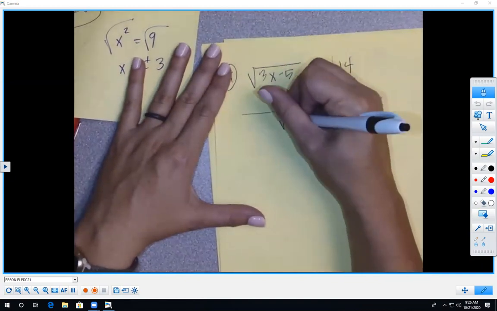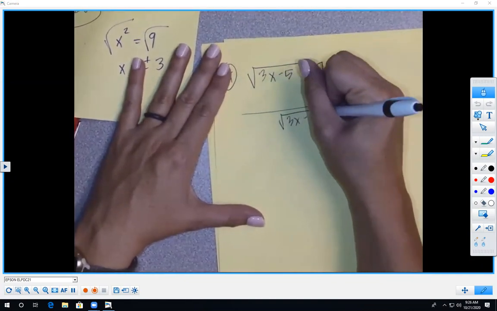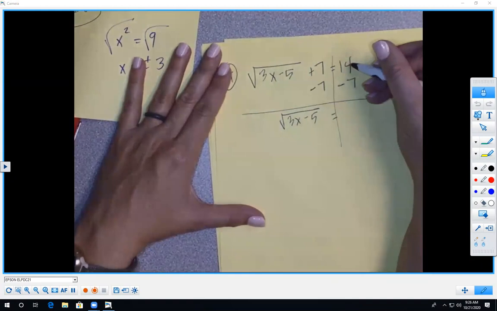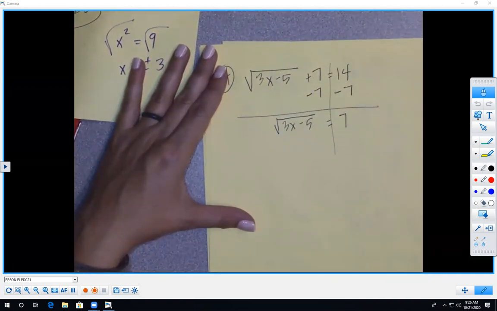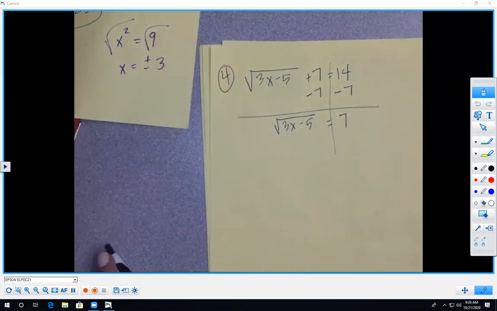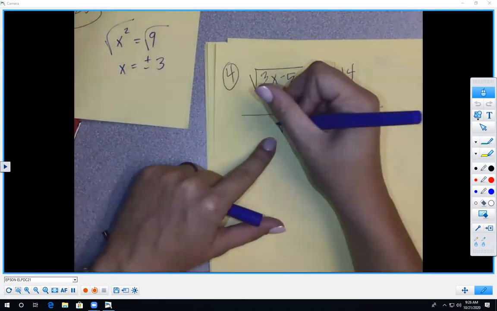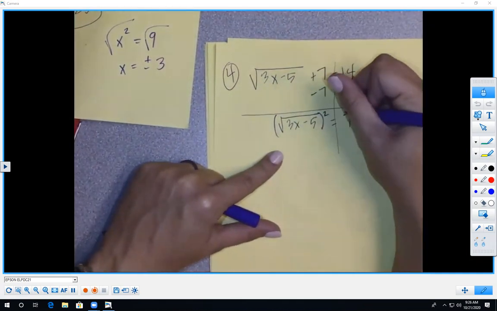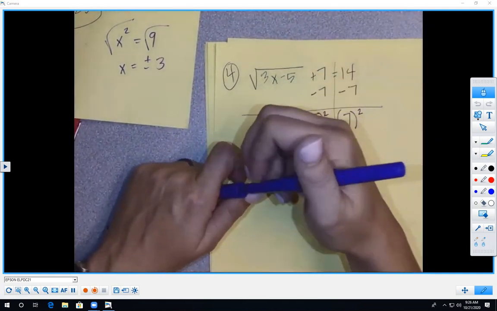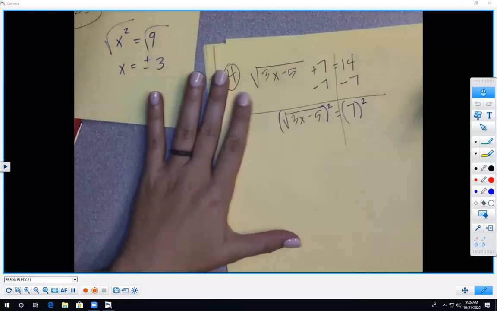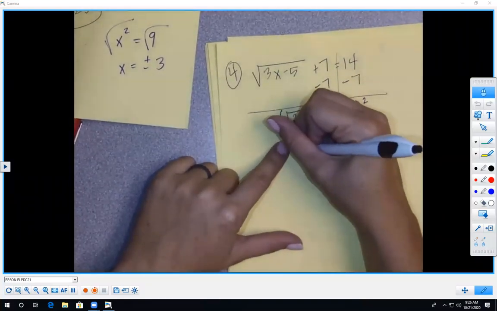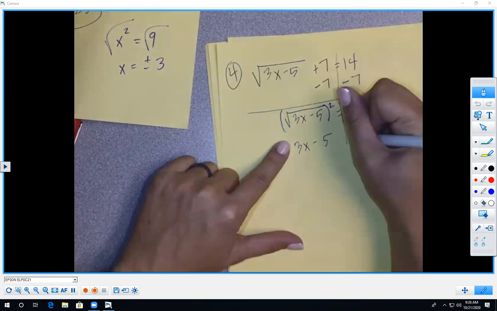And I get the square root of 3x minus 5 equals 14 minus 7, which is 7. Now get rid of that radical by squaring both sides. Okay, so on the left-hand side, I get 3x minus 5.